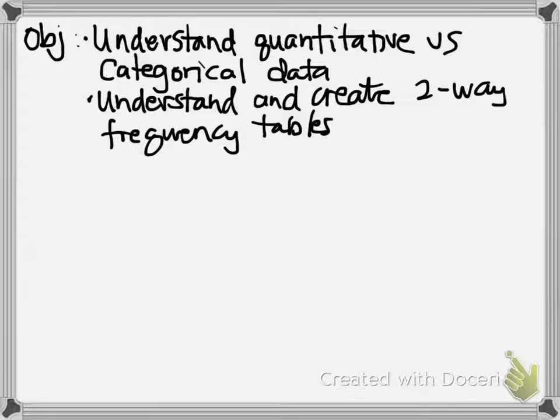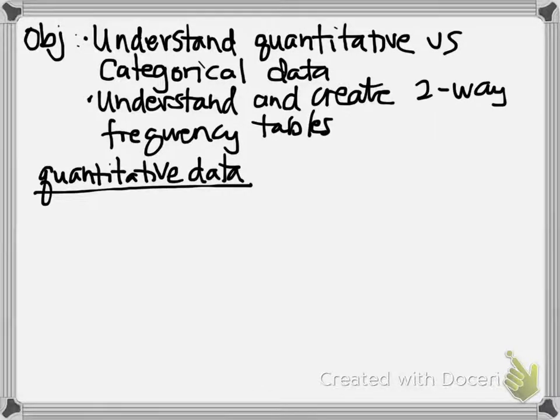Okay, so let's talk about some vocabulary. Let's talk about what is quantitative data. The word I want you to think of when you hear quantitative is the word quantity. If you're asked about a quantity, you're talking about data in numbers.